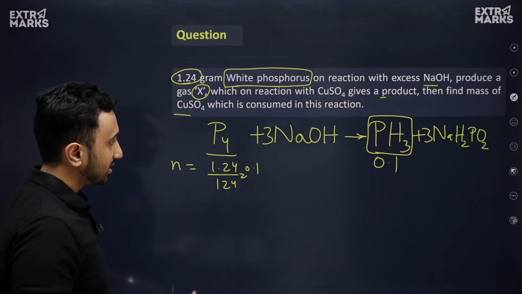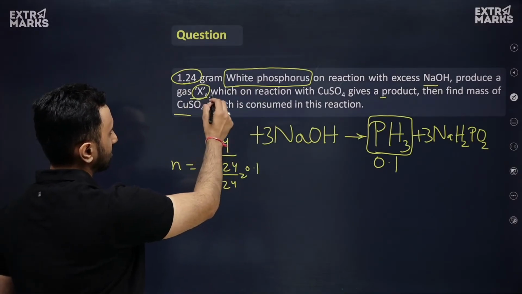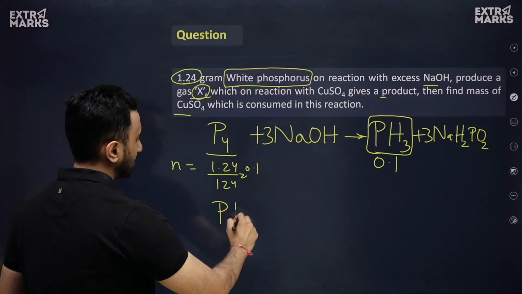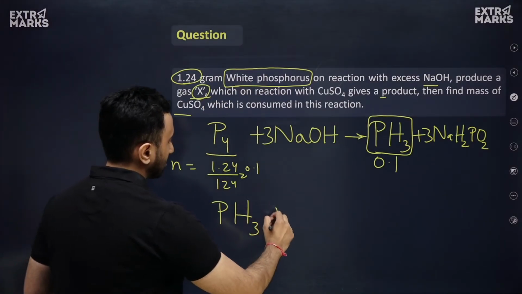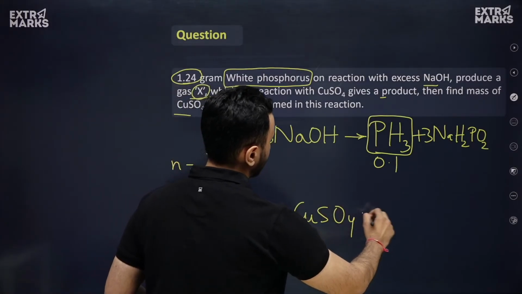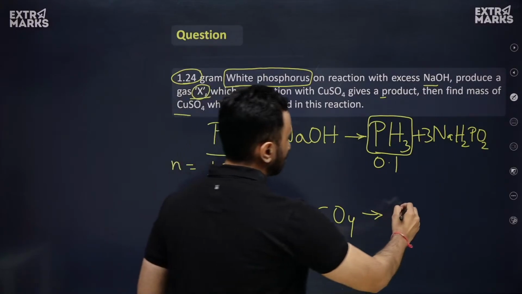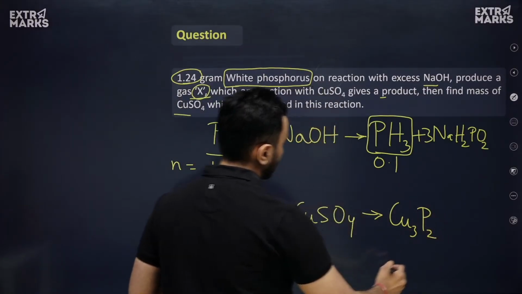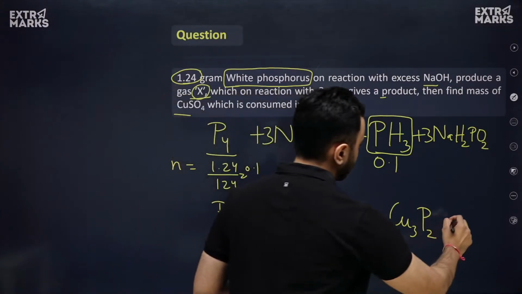Now, this PH3 gas, which is X, will react with CuSO4. The next reaction is like this: PH3 plus CuSO4. When it reacts, it will form Cu3P2. And what will be the other product? It will be H2SO4.